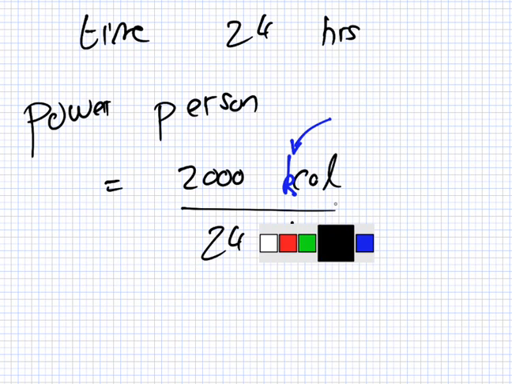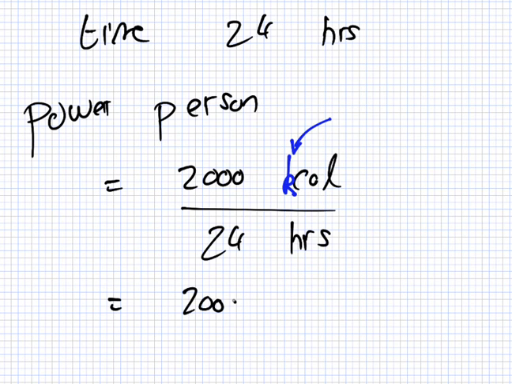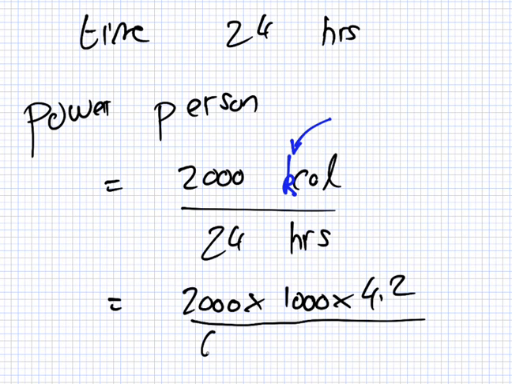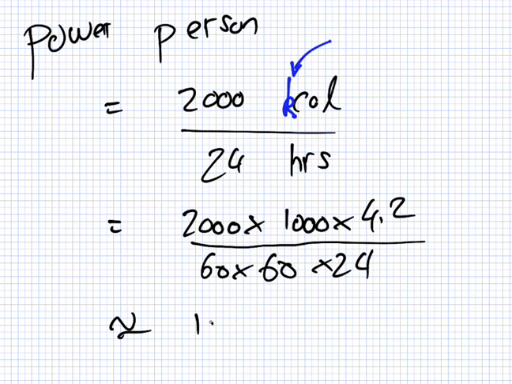How many joules is that? It'd be 2,000 times 1,000 times 4.2 all over 60 times 60 times 24, which is roughly 100. What is it, please? 97. So about 100.